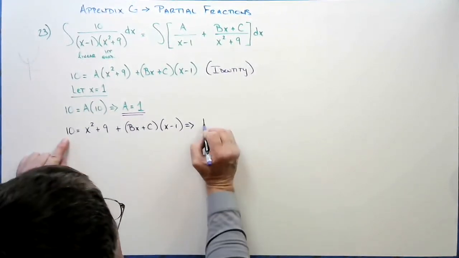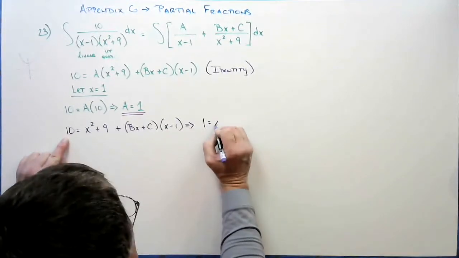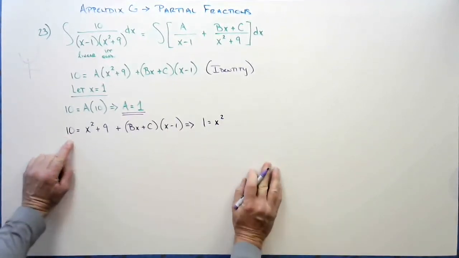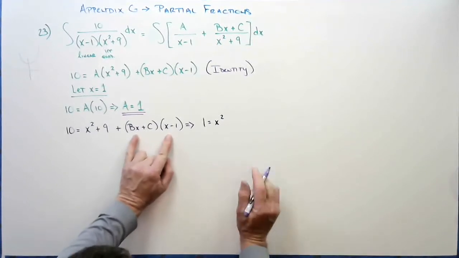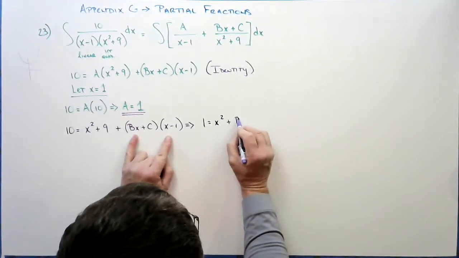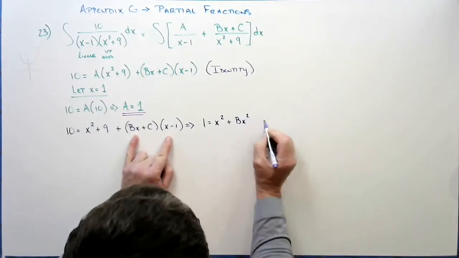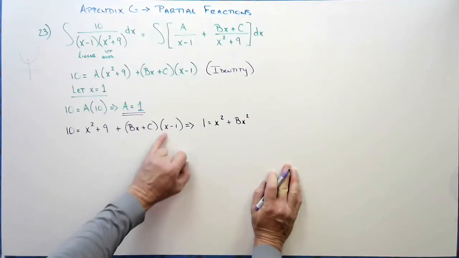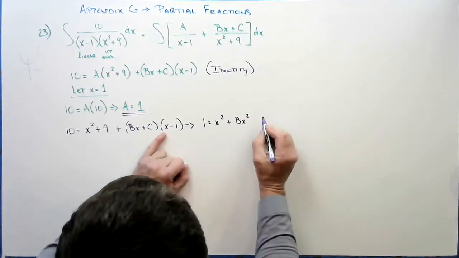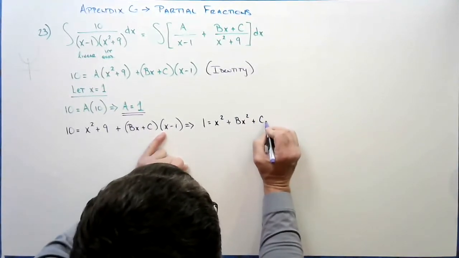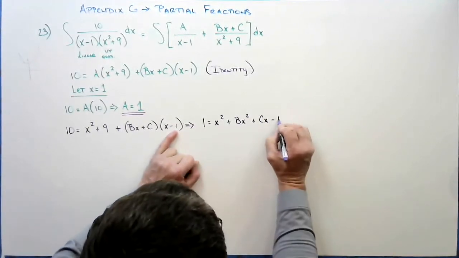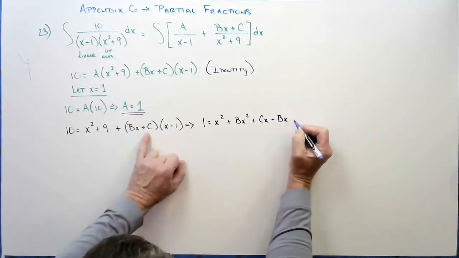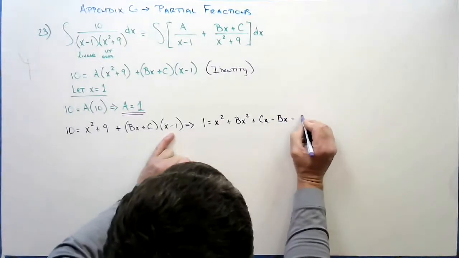It'll be negative. We'll get 1 equals x squared. Now we're going to go ahead and FOIL this out. So we're going to have plus Bx squared, right? Bx times x, plus Cx. And then Bx times negative 1, minus Bx, and then C times negative 1, minus C.